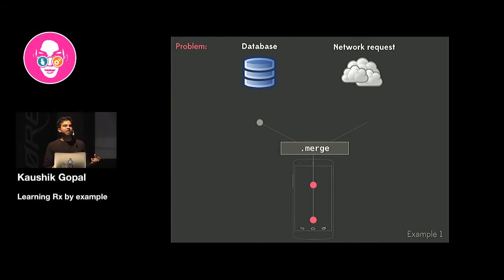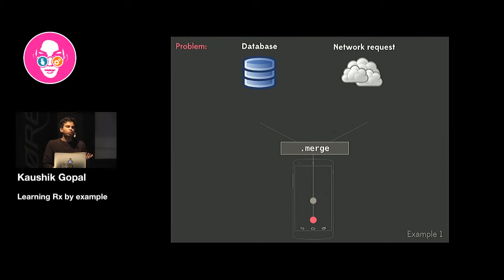For some strange reason, if it so happens that your network result is a little faster than your database result, and this can totally happen, the merge operator isn't going to actually understand the result age, right? All it's going to do is say, hey, this is the result I got, you deal with it, right? So it's going to send the result down. And what would typically happen is that the database result might override the network result.